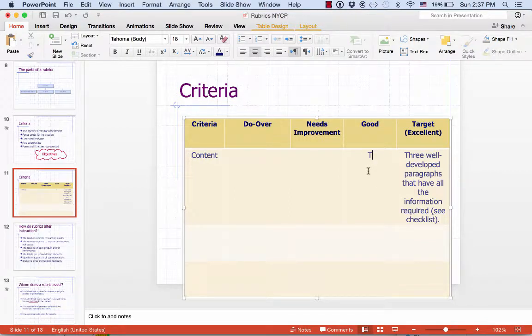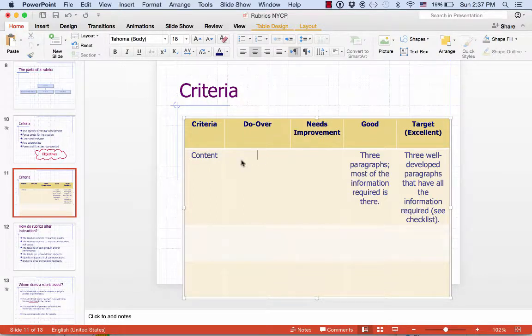Then we can say 3 paragraphs, most of the information required is there. And you can pull the students into helping you say this, get their ideas and help them expand them until they can do it.